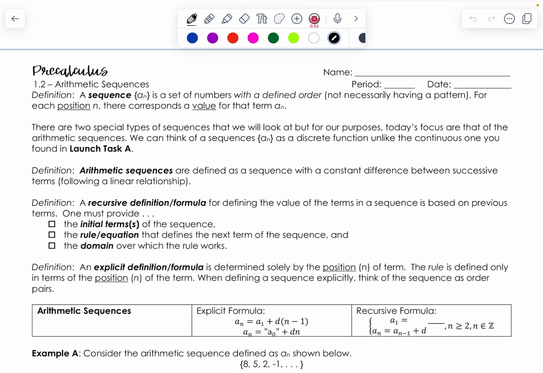In each position, n, like n is 1 is the first term, n is 2 is the second term, and it corresponds to a value for a sub n. So an arithmetic sequence is a sequence with a common difference, and they follow a linear relationship.